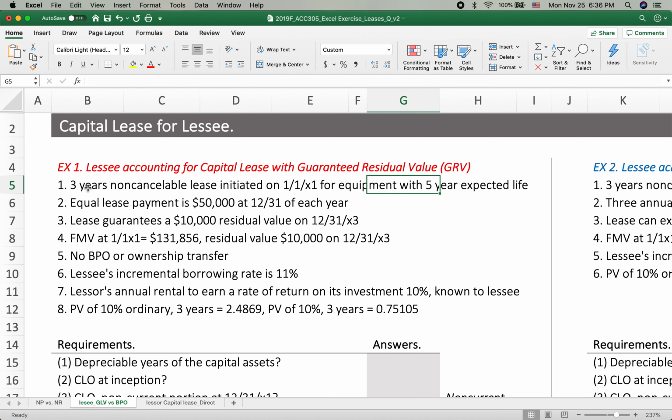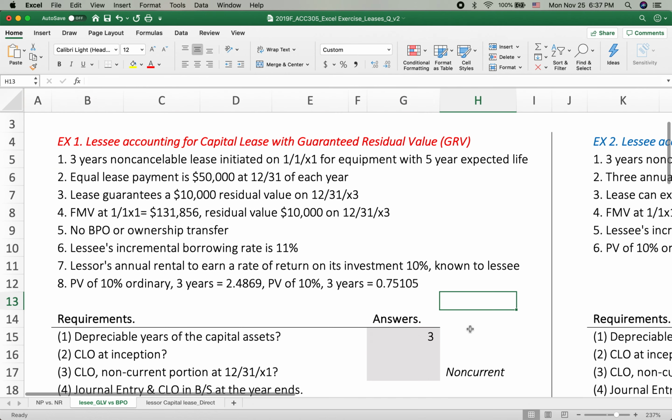So we already got the answer, because the 3 years lease term is going to be the depreciable years of the capital lease. Because during the capital lease term, the lessee will depreciate this asset. Not 5 years with the expected life of this equipment, but the 3 years lease term. So answer, we got 3 years.